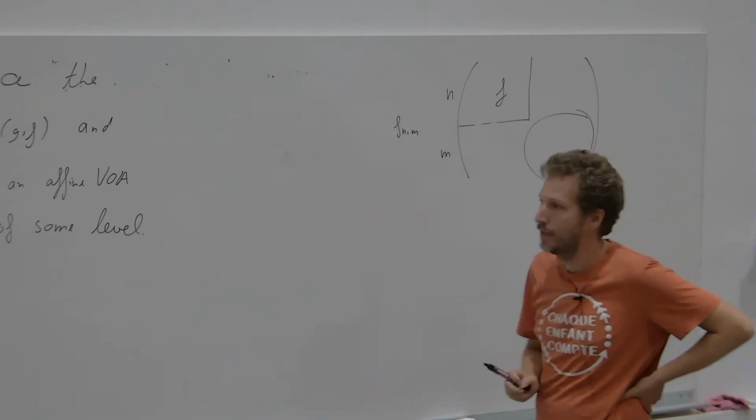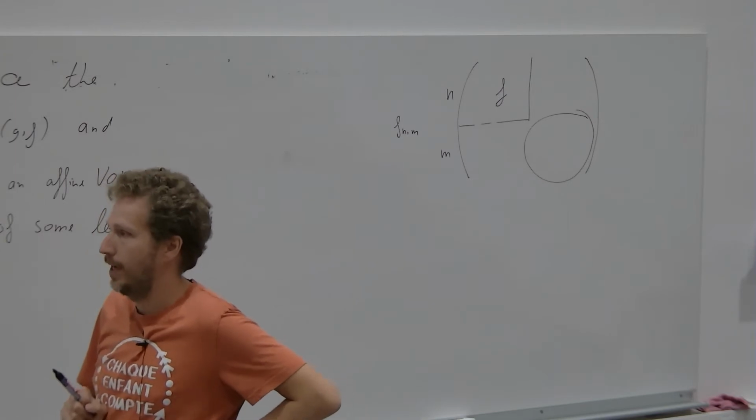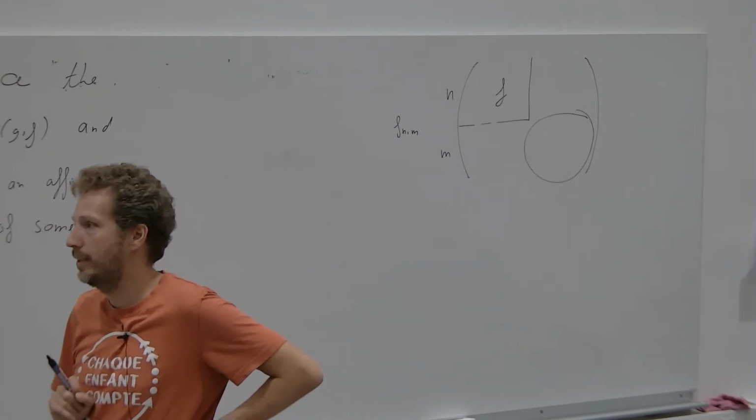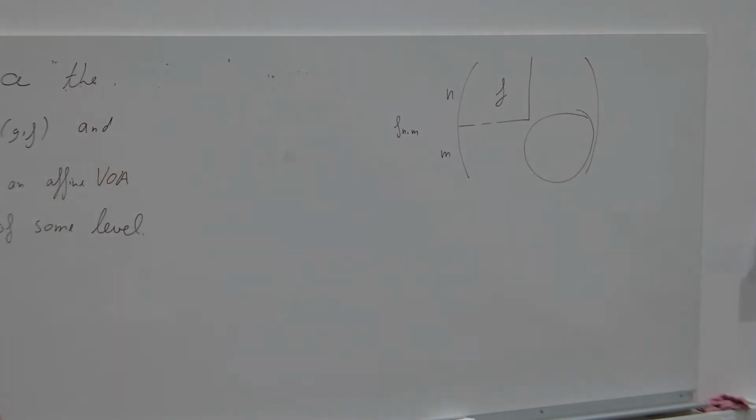And then the statement would be that in that case, the W algebra has an affine Lie algebra of type GLM as a subalgebra.